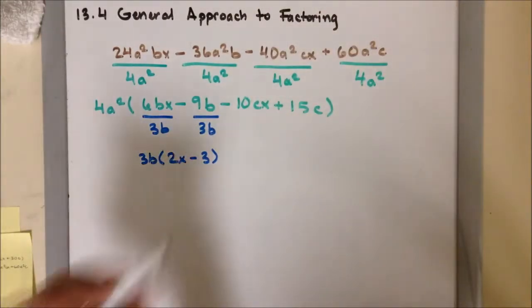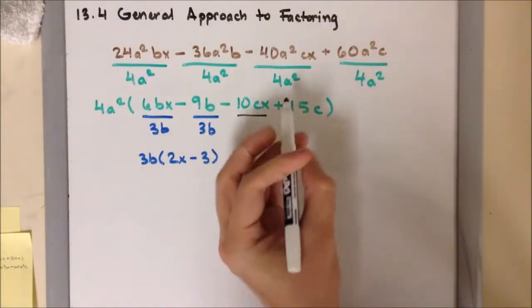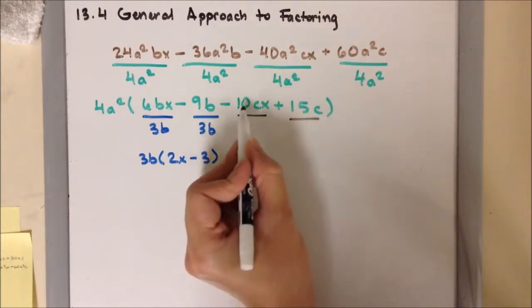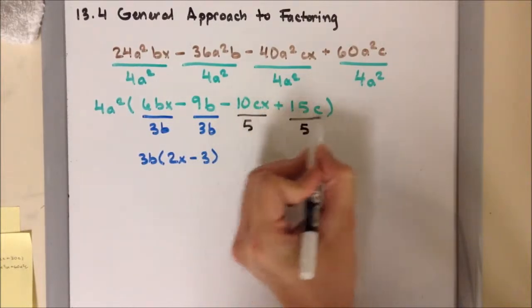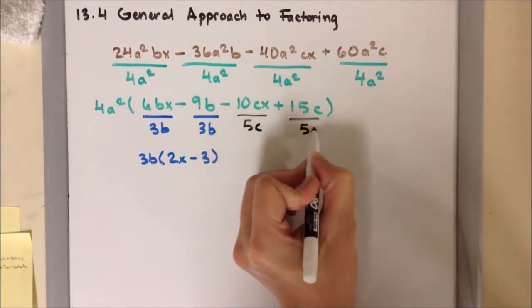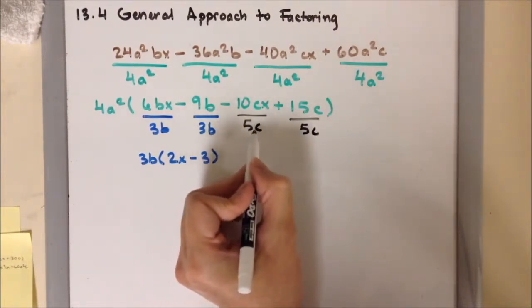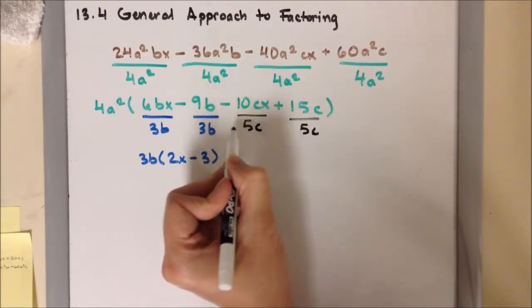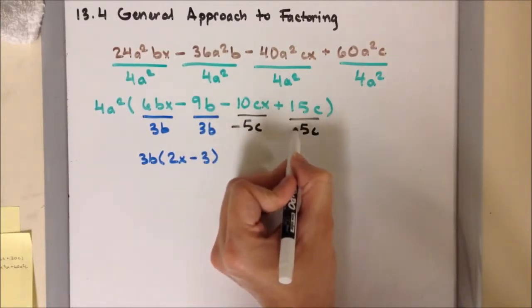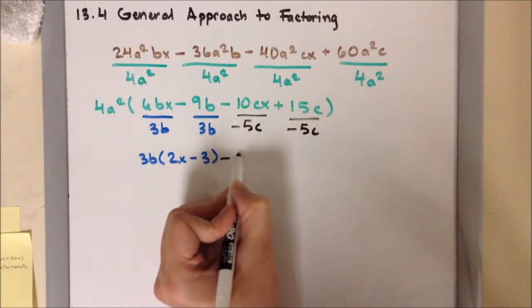And then over here, my right side. So what's in common between 10 and 15 is 5. In addition, they both have the c, so I'm dividing by 5c. So that's my GCF on the right side. Since the first term of the right side is negative, I'm actually going to divide both terms by negative 5c, so minus 5c.